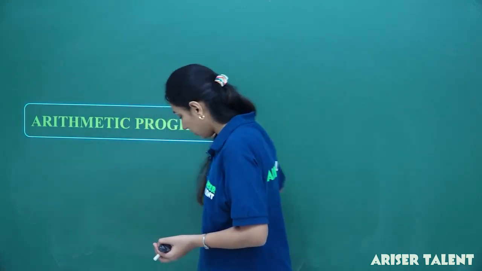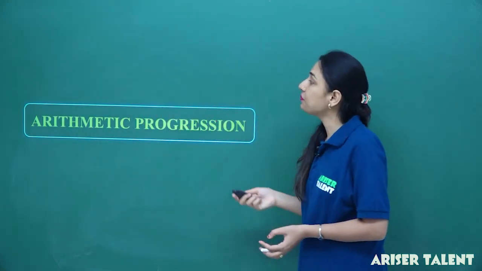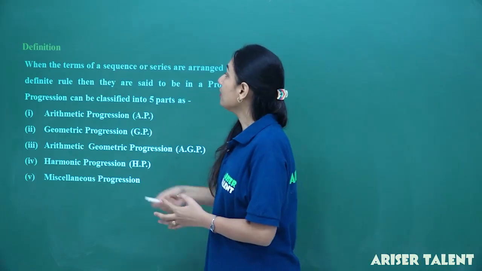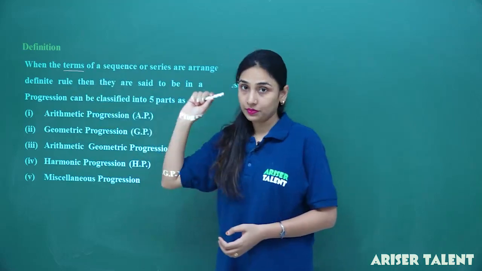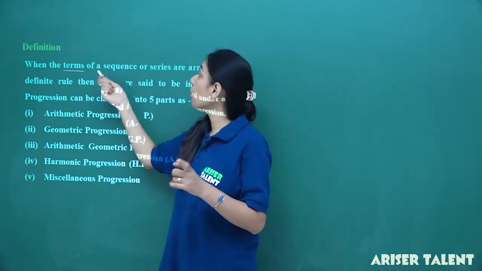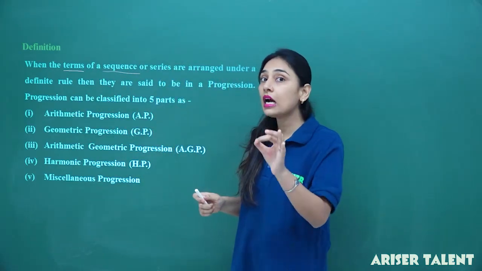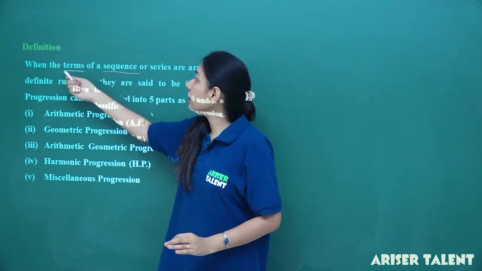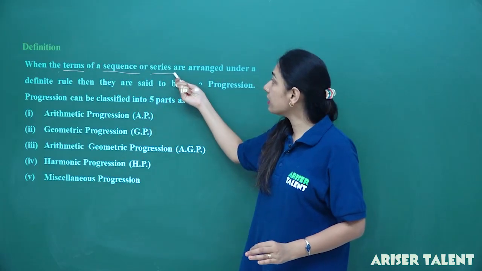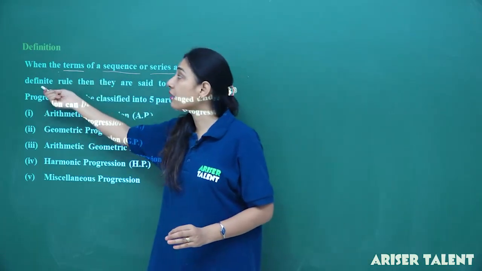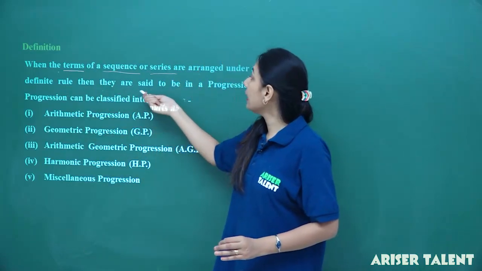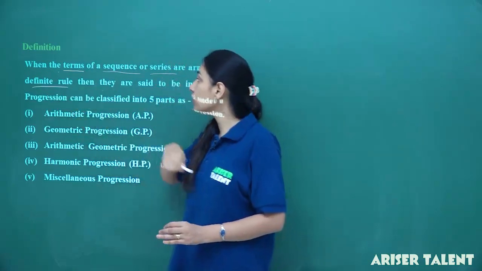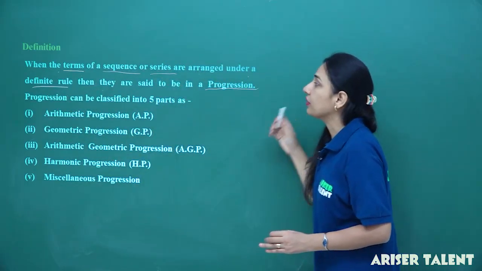Talking about the basics of this chapter, here is the definition. When the terms of a sequence or series, mark these important words, are arranged under a definite rule, then they are said to be in a progression.